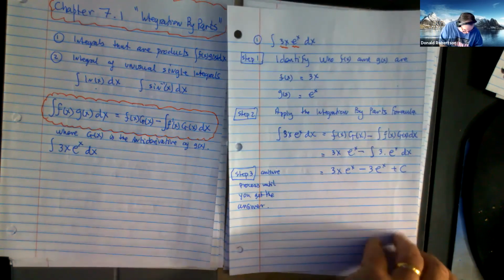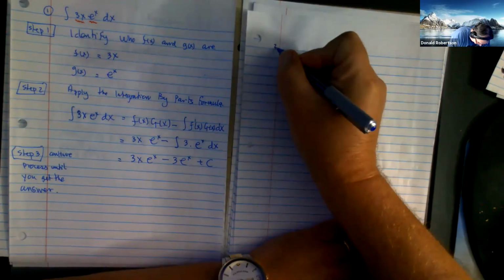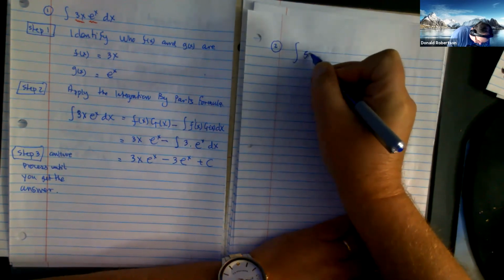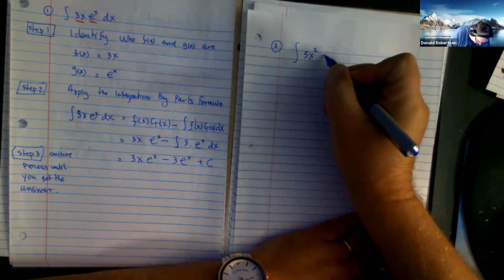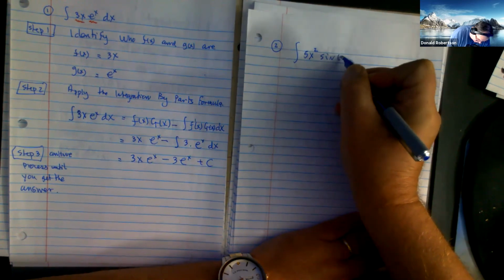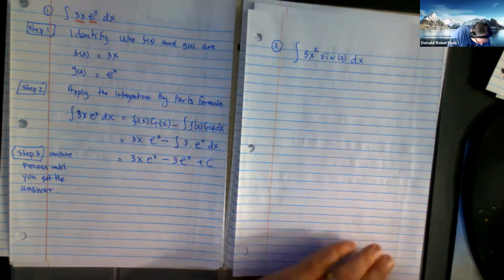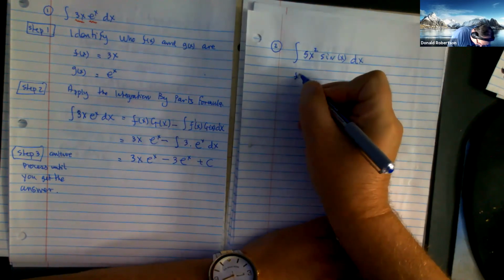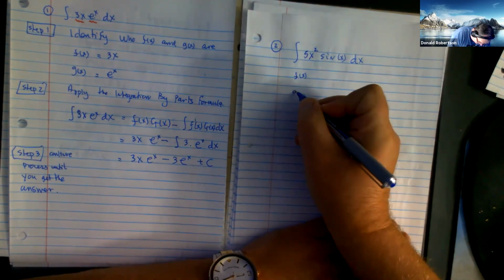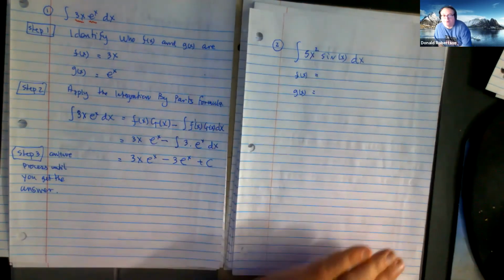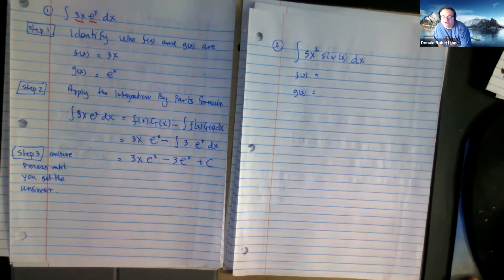So let's try another one, a little bit uglier. Let's try that one. I'll show you the working that I typically do, especially when they get difficult. This one's not difficult yet, but it will be.